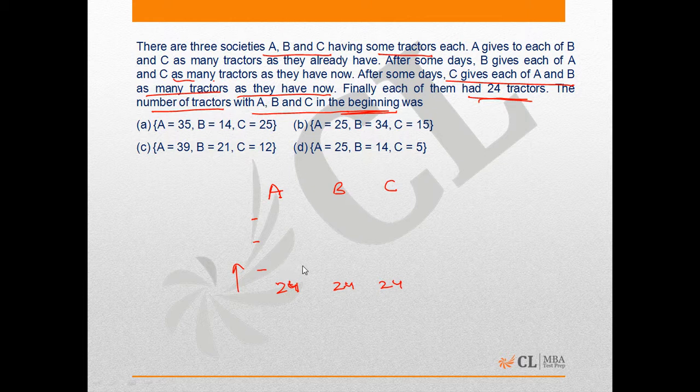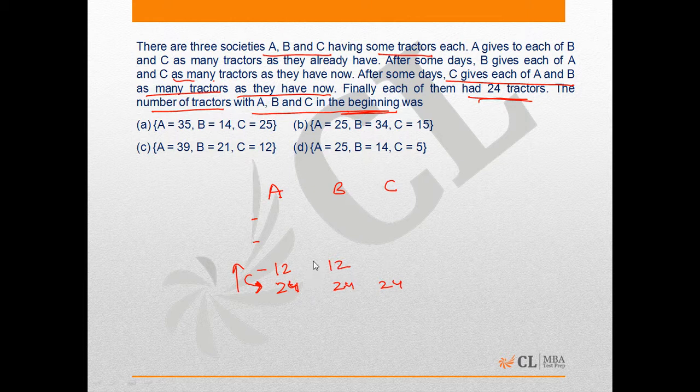If A and B have 24 each after this process, a step backward they had 12 and 12 each, because then only they will get 12 and 12 tractors each from C, and this value will turn to 24, right?